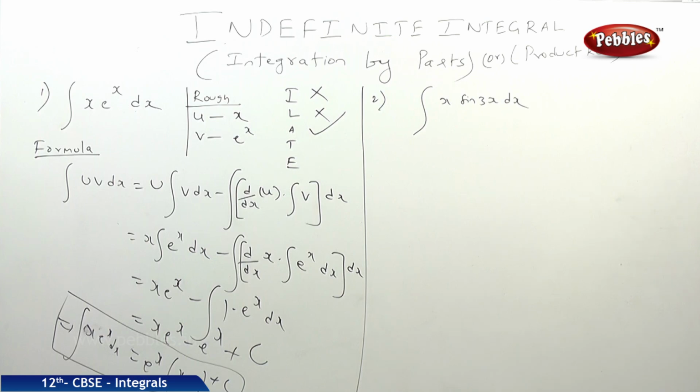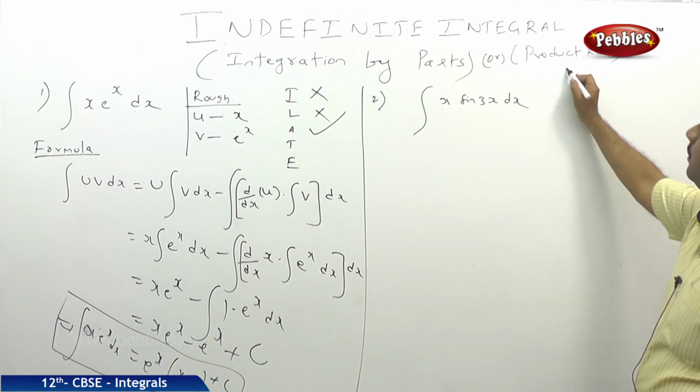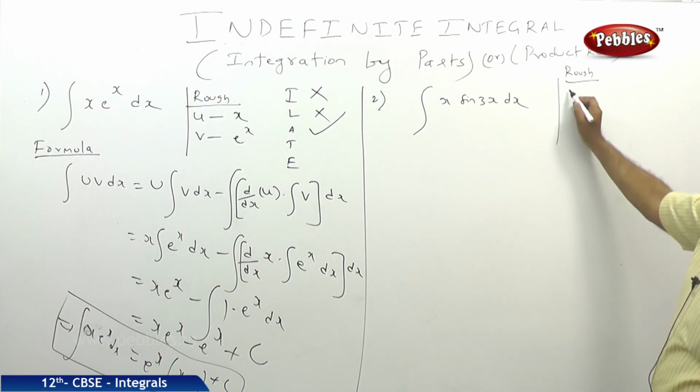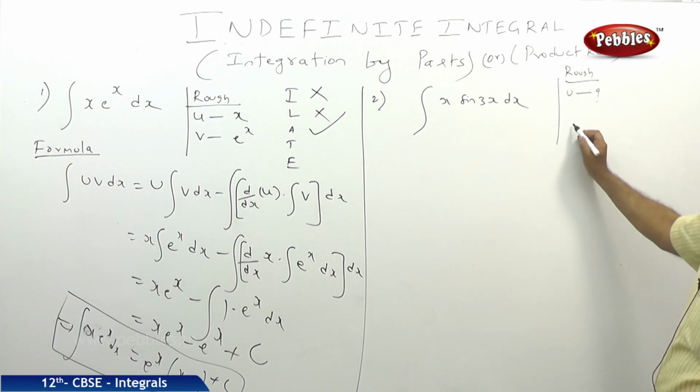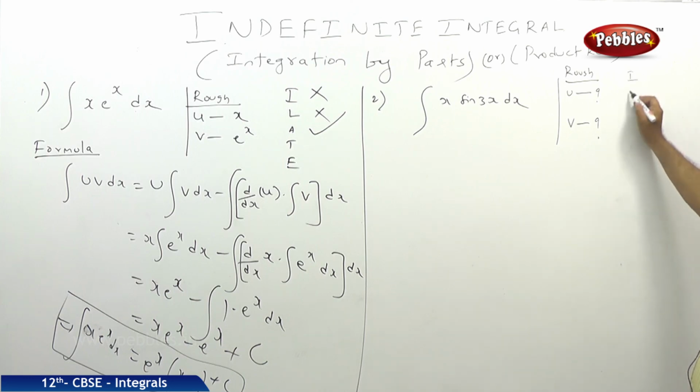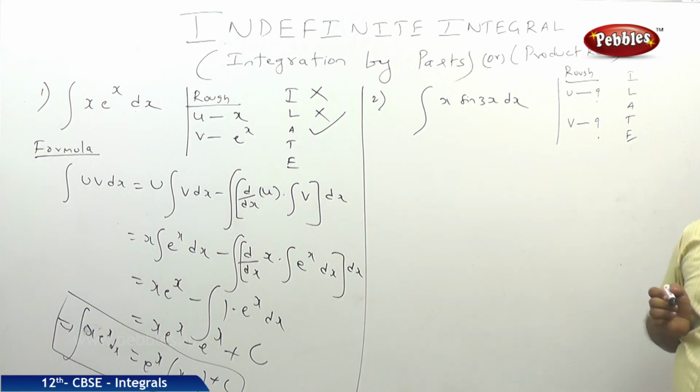Now we shall go for another simple problem. Integral of x into sine 3x dx. Again for your convenience I will write here rough. What is u? At the beginning I will write a question mark, and v also a question mark. For my convenience, as we are at the beginner stage, I will write the specific rule called ILATE.